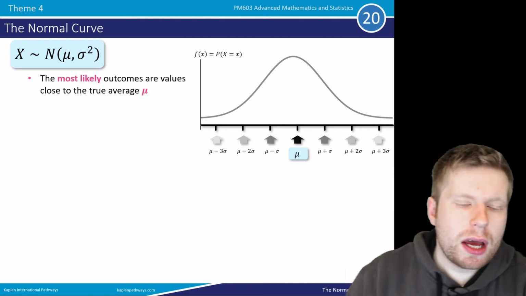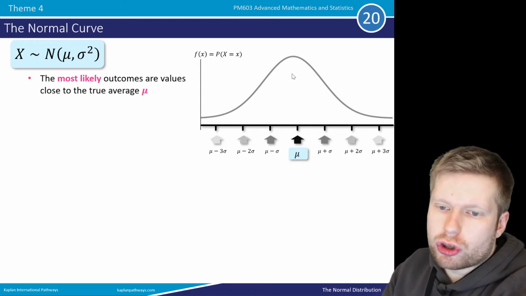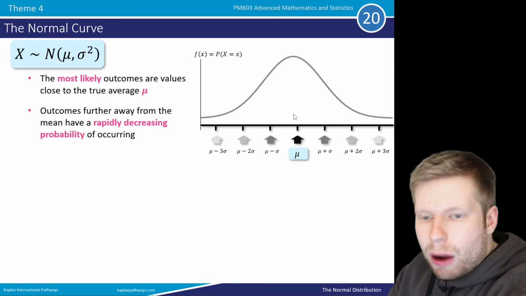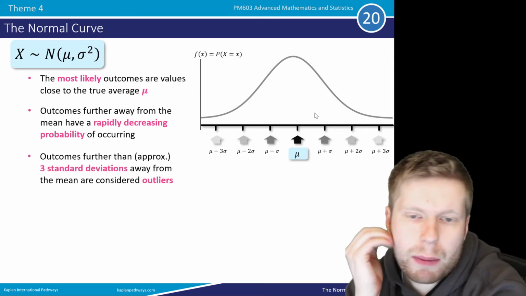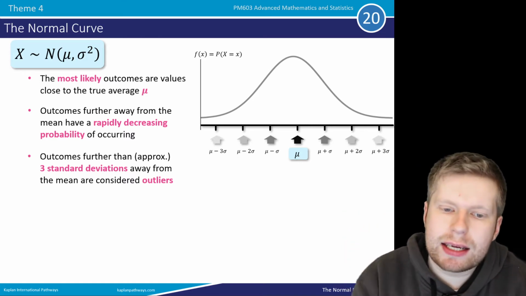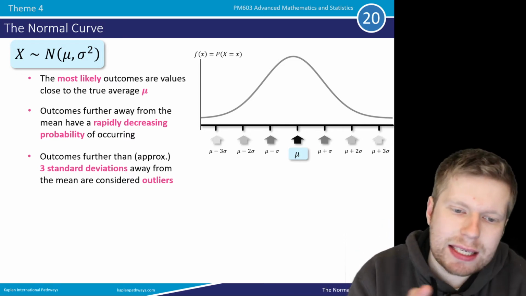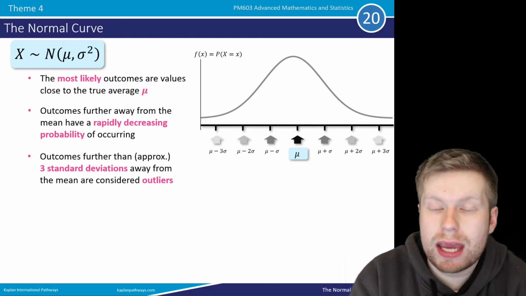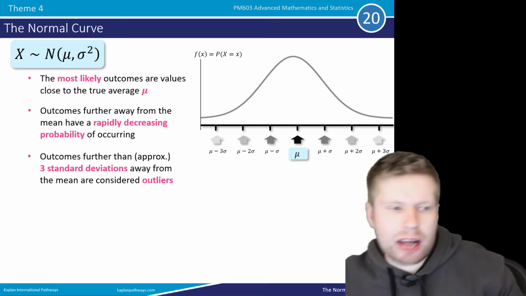Now, are you happy? We've already discussed this. The most likely outcomes are the outcomes which occur most closely to the true average, to the mean, okay? And then outcomes further away from this have a rapidly decreasing probability. And we basically say that most of these outcomes should occur within 3 standard deviations of the mean, or at least 3.5 at an absolute push. But we basically say that within 3 standard deviations of the mean, these are the most likely values, because we expect there to be some natural deviation.